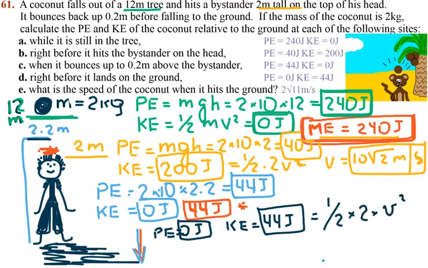So it looks like my velocity here is going to be equal to the square root of 44 right before it hits the ground, or 2 square roots of 11 meters per second.